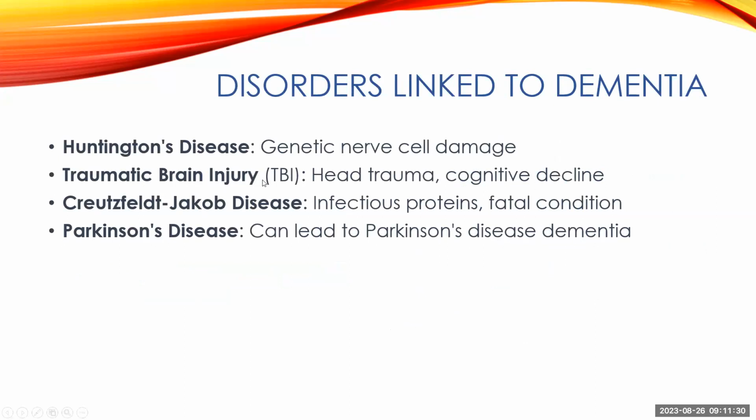In the US, playing football, boxing, those sports that may cause some trauma to the brain, to the head, may affect that. Creutzfeldt-Jakob disease, this is the infectious protein here, and the Parkinson disease. That condition starts out with Parkinson's, but this can lead to dementia as well.